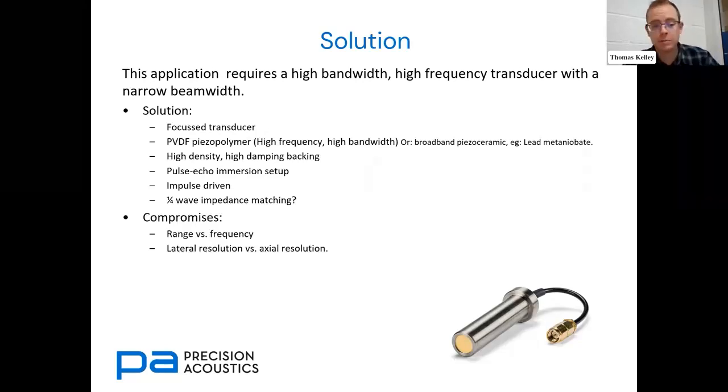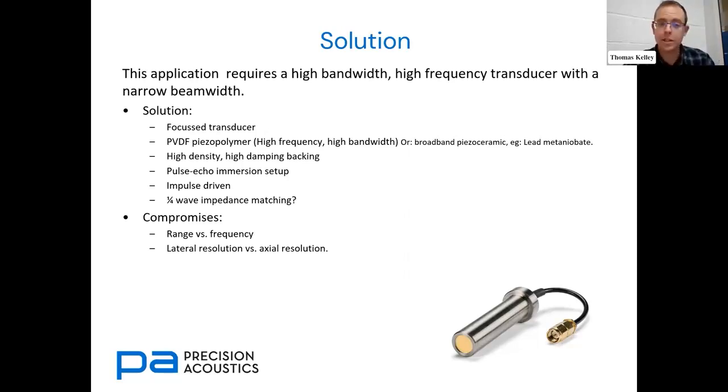So there might still be some compromises to be made. There's, I guess, another key takeaway of the transducer design process thinking: there are almost always compromises to be made. The higher the frequency we choose, the more attenuation there will be in the metal. So any signal returning from a defect would be smaller.